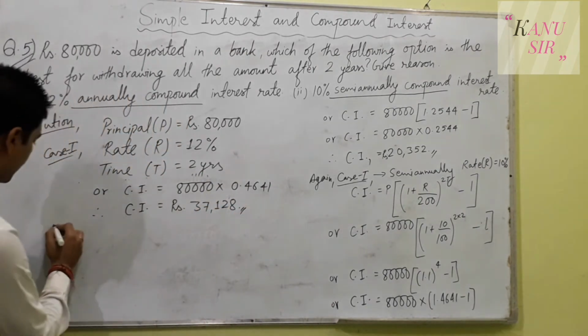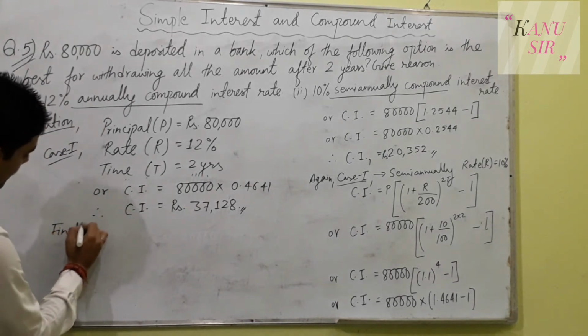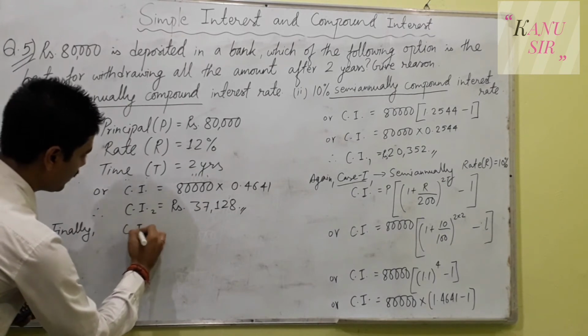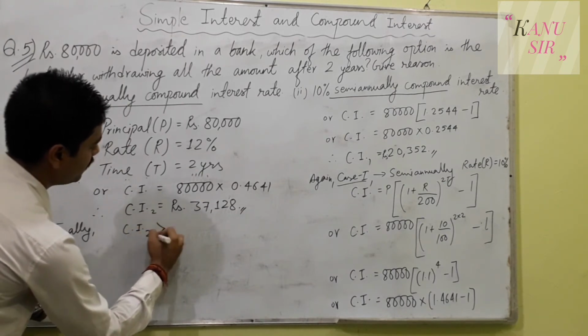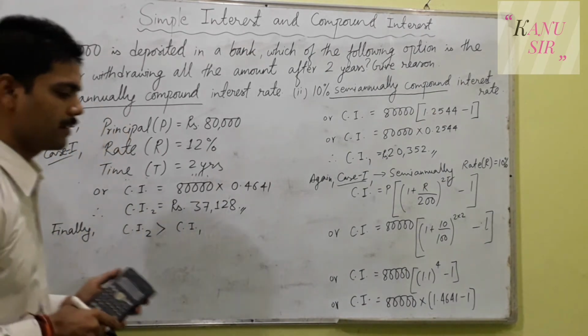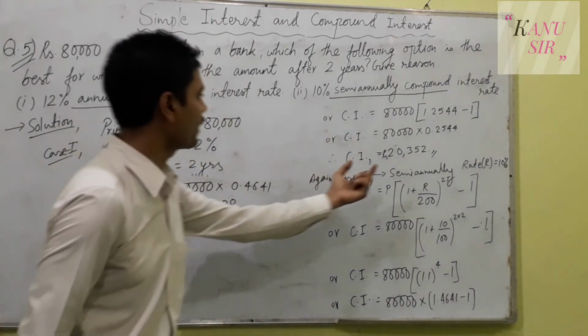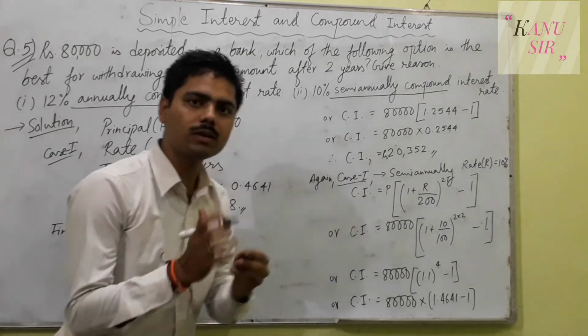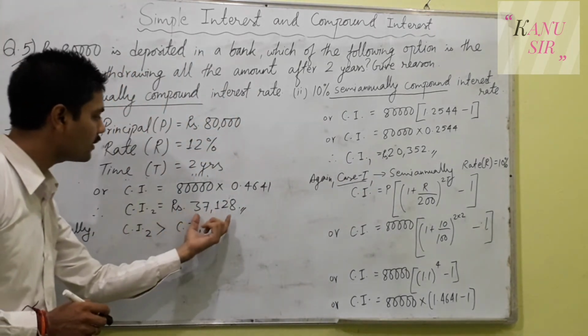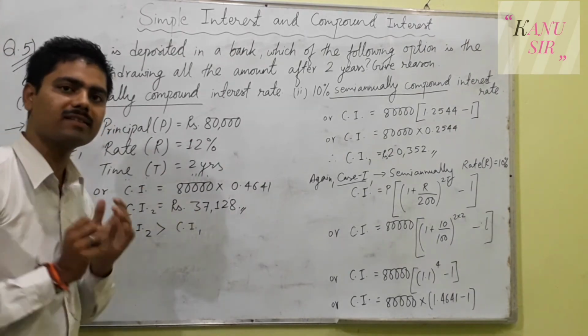So now finally you can see that compound interest in the second case is greater than compound interest of the first case. In the first case we will get only 20,352 rupees as interest, whereas in the second case we will get 37,128 rupees as interest.